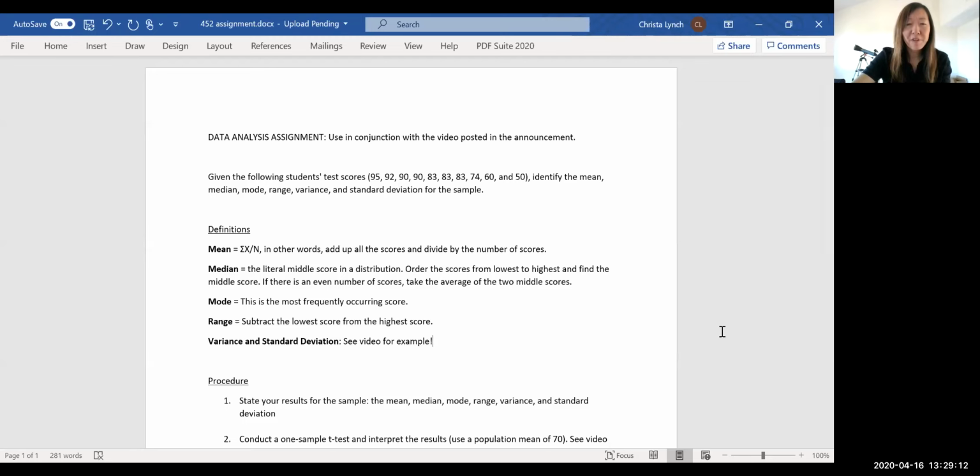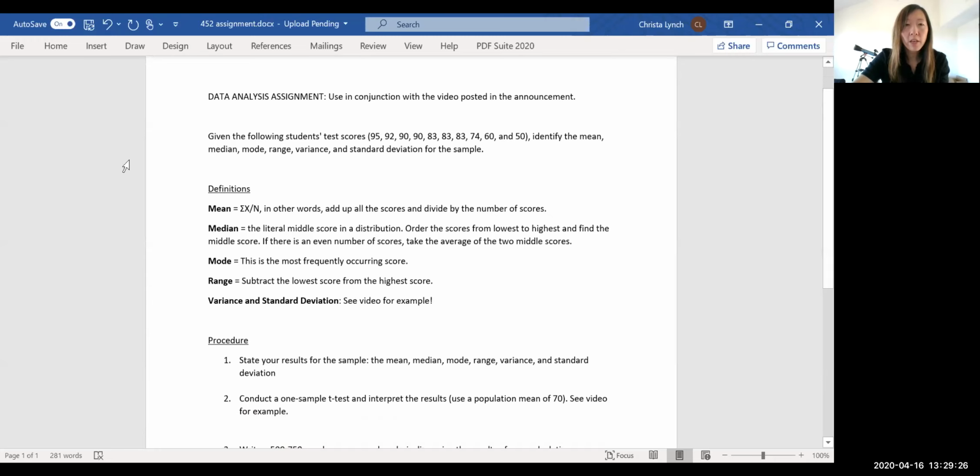I did move some things around, because I don't think the way the assignment was written in LoudCloud is user-friendly. I think it was a little bit out of order. So I altered that a bit. And so as you know, you're given some test scores, okay? And then you're asked to identify the mean, median, mode, range, variance, and standard deviation for the example.